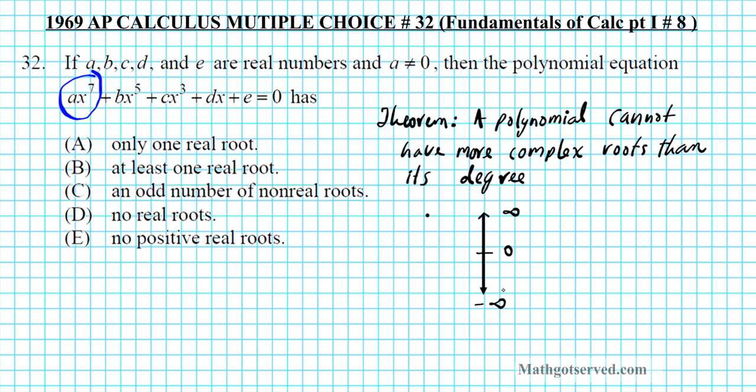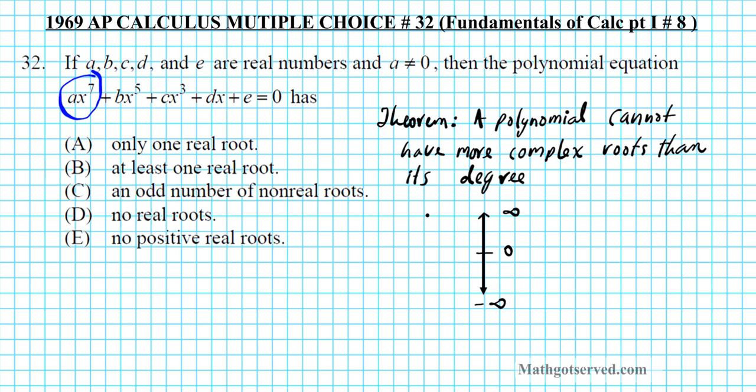By the intermediate value theorem, you know for a certainty that you must cross 0. So if you have a polynomial function that goes from negative infinity to infinity, you're guaranteed to have at least one point where the function assumes the value of 0, because 0 is in between negative infinity and infinity.